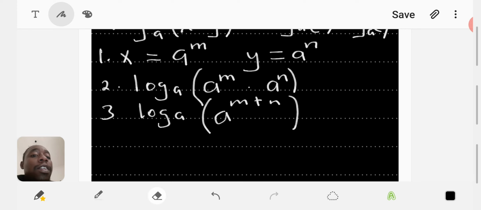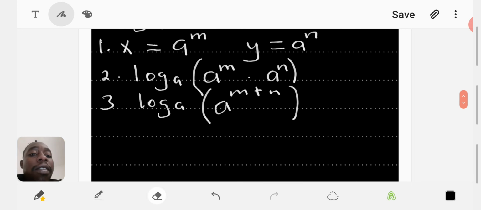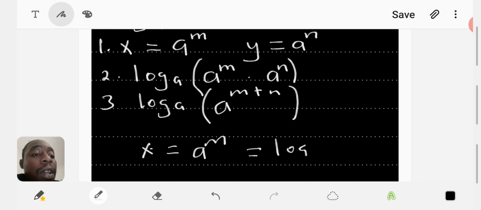If we turn that, let's say x is equal to a to the power of m. If we put that in logarithm terms, it will be equal to the logarithm to the base of a of x is equal to m, right?